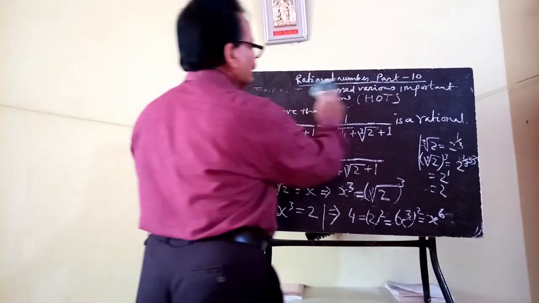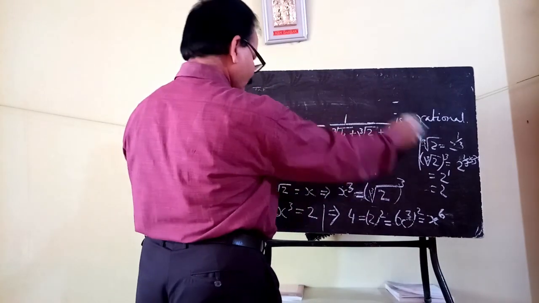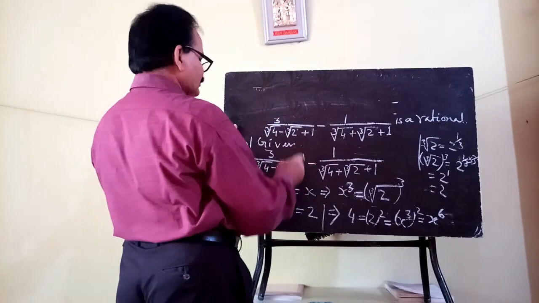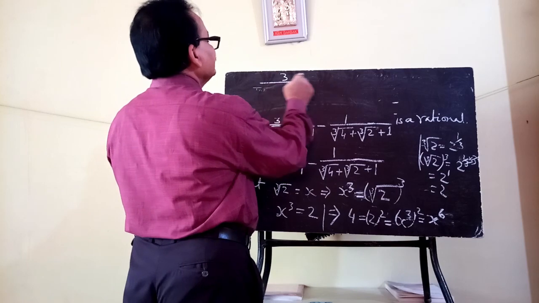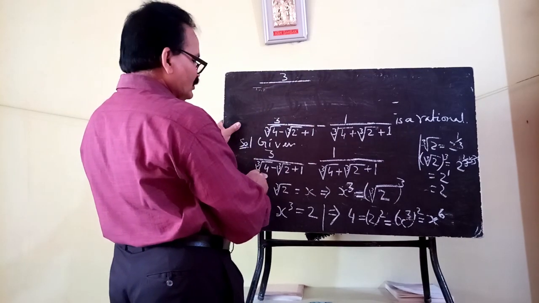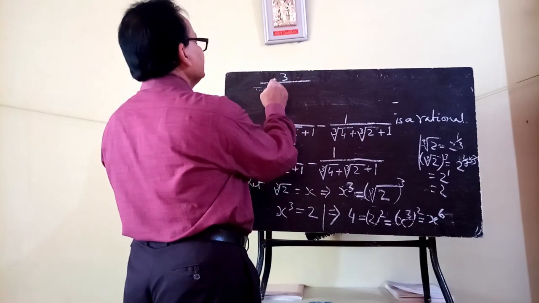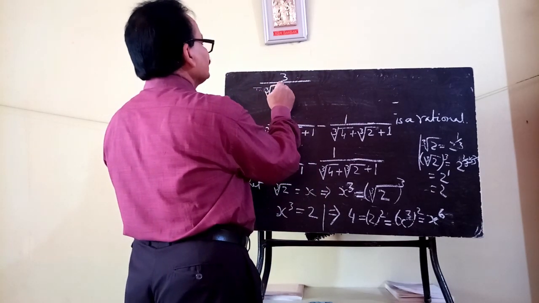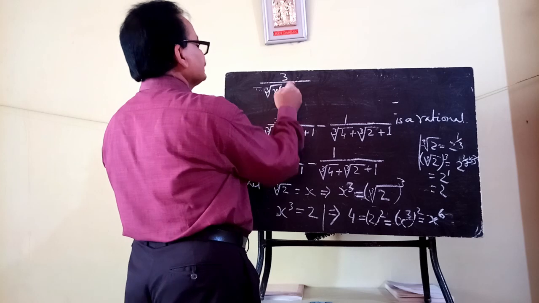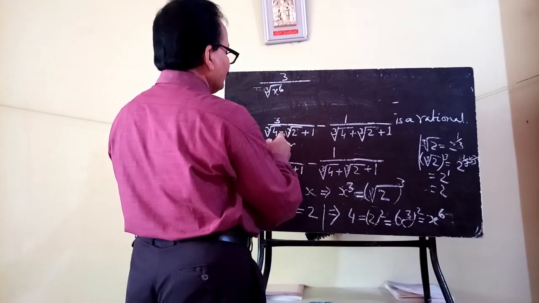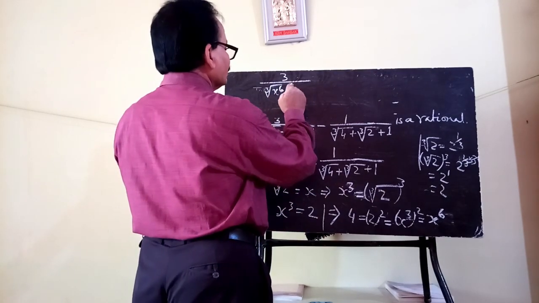Now you substitute this value in the given part. For substituting, here 3 divided by cube root of 4. Instead of 4, you write x to the power 6. This is cube root of x to the power 6. Clear? And minus cube root of 2.